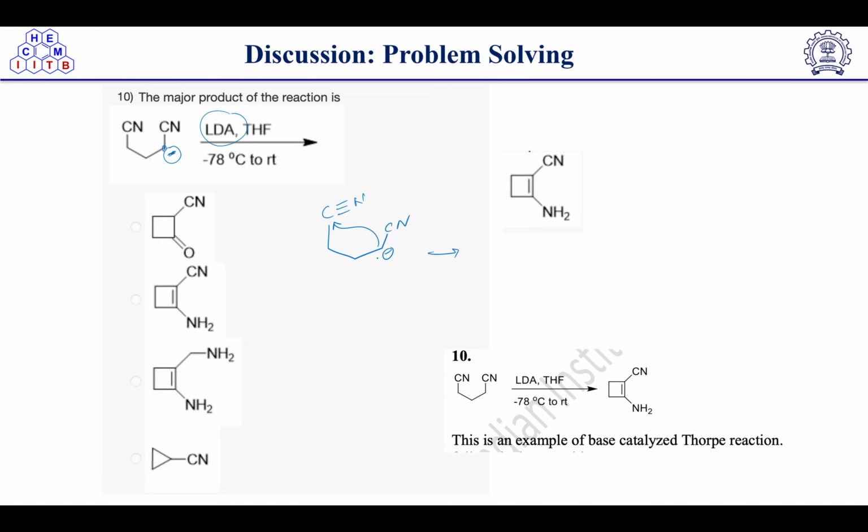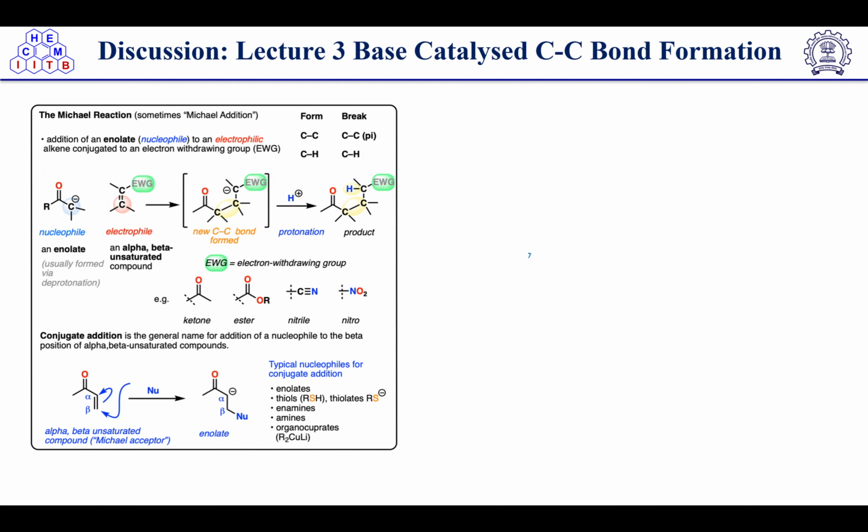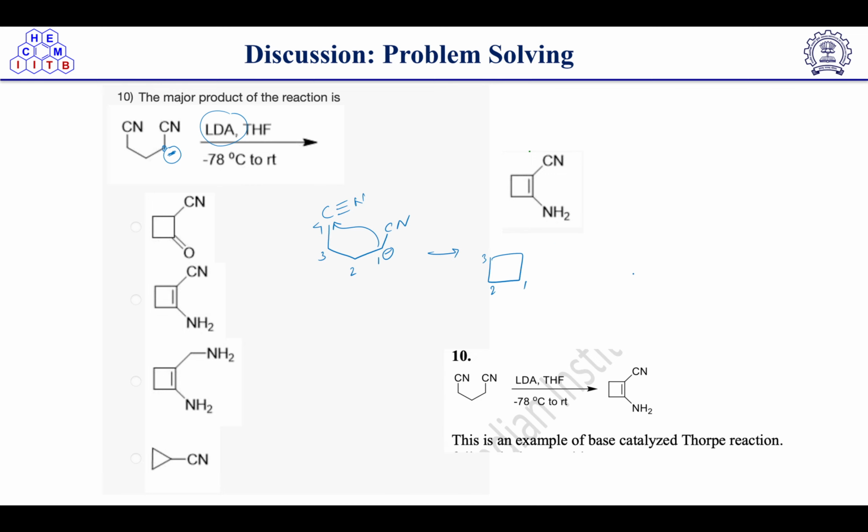Okay, so how many carbon ring size will form? 1, 2, 3, 4. 4 members. Okay, so here we have a double bond and on carbon number 1 CN.